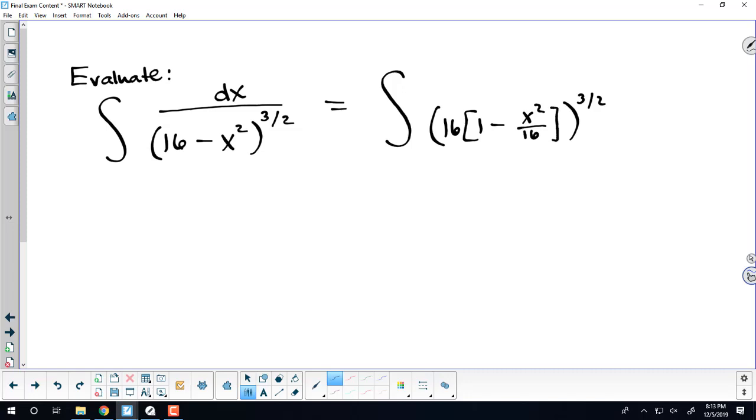I mean, you don't have to do it this way, but this is how we did it. All of that still to the 3/2. So we can take out the 1 over 16 to the 3/2 as a constant.